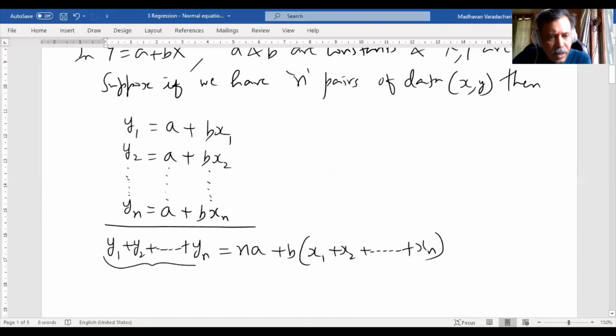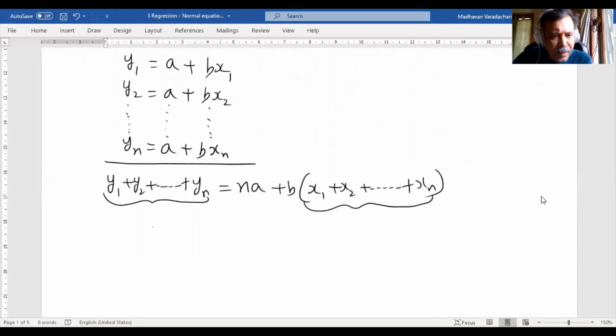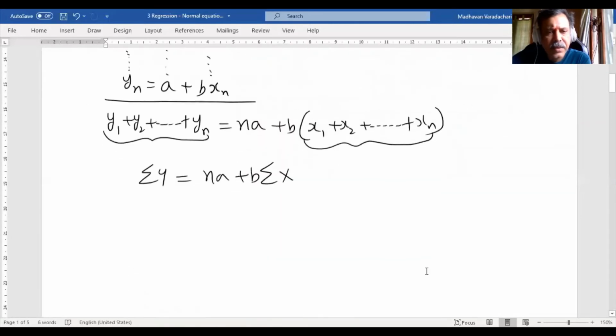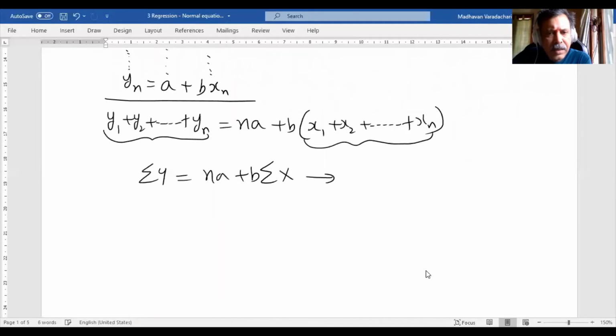This I can express as summation of y, this remains na, and this I express as summation of x. That is our first normal equation: summation y equal to na plus b summation x.